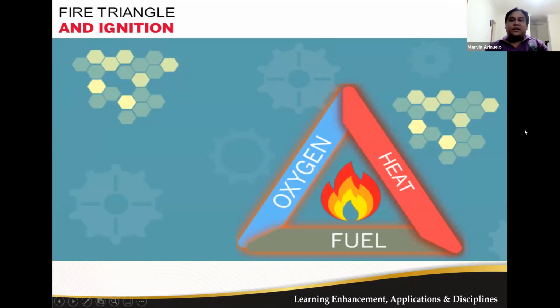Let us define ignition. It's a process by which self-sustaining combustion is initiated. An ignition source in the form of a spark or a small flame provides the minimum amount of energy needed in order to start a chemical reaction between the fuel and the oxidizer.